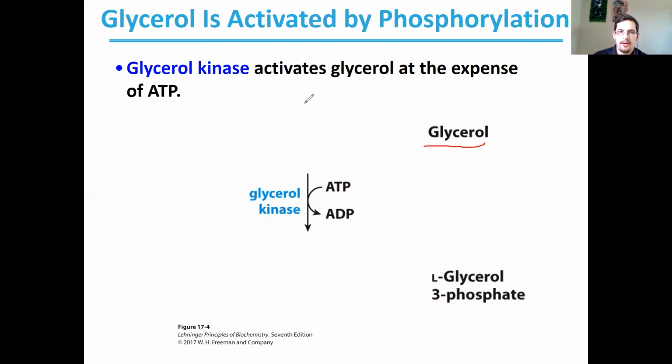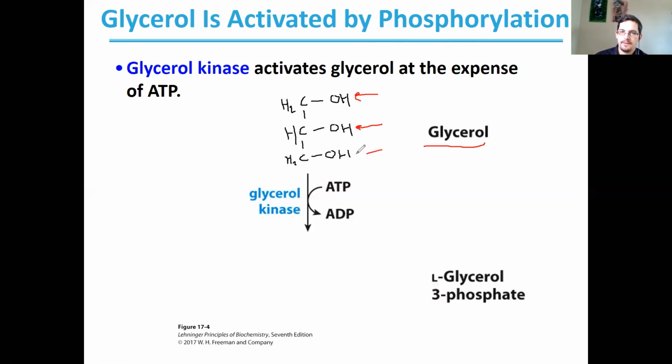We start out with our glycerol. So glycerol, we've got our 3 carbons, each with an alcohol functional group. So these would be our attachment points here, where we used to have our free fatty acids.